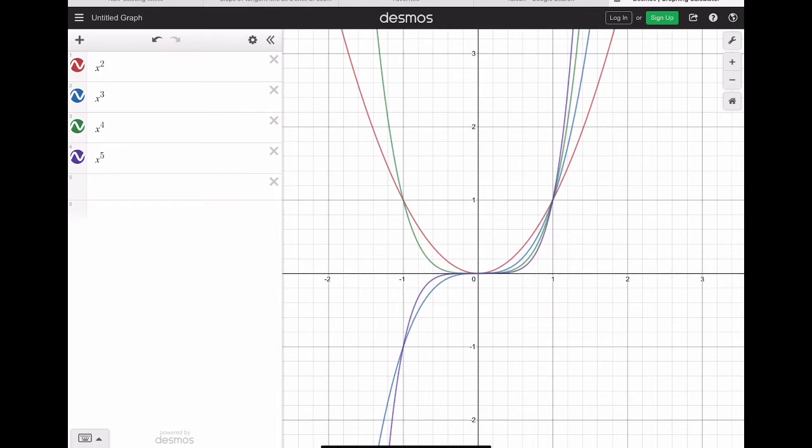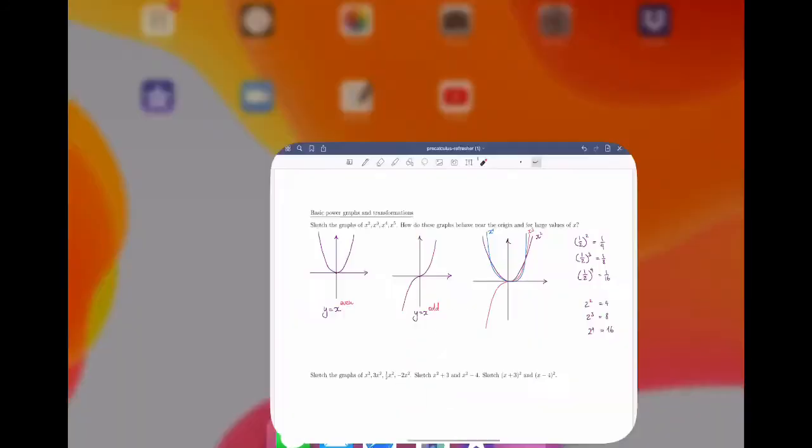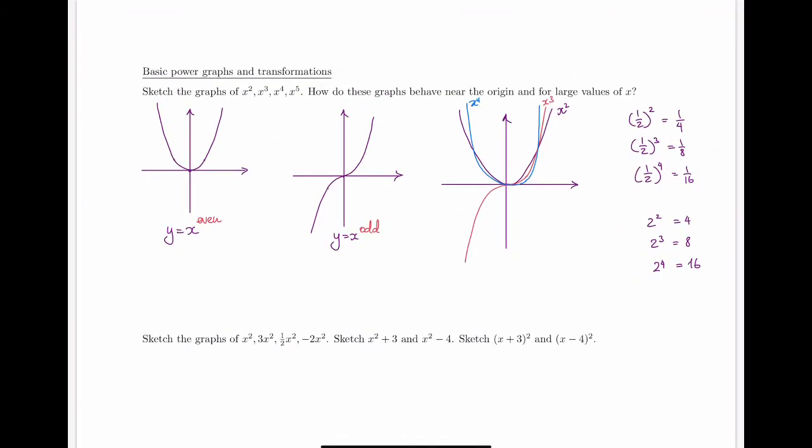If I continue with these functions, we will continue seeing the exact same pattern. So overall, the higher the degree, the flatter the function looks near the origin, but then the faster it grows once it passes a certain point, in this case 1.